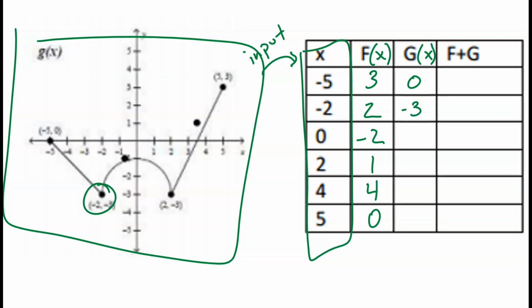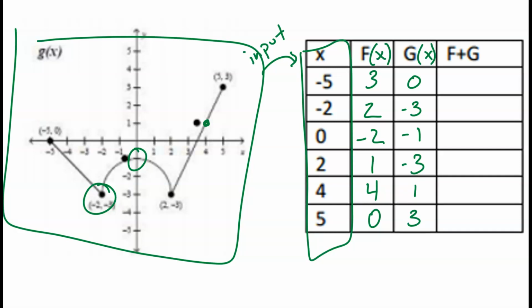When x is 0, what is g of x? Yes, -1. When x is 2, what's g of x? -3, is that right? Yeah. When x is 4, g of x is 1. And when x is 5, g of x is 3.